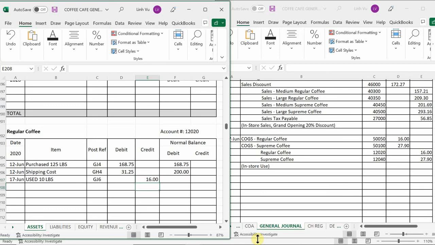So if I used 16 pounds, how much should be in my regular coffee account? $115. That's my pounds.